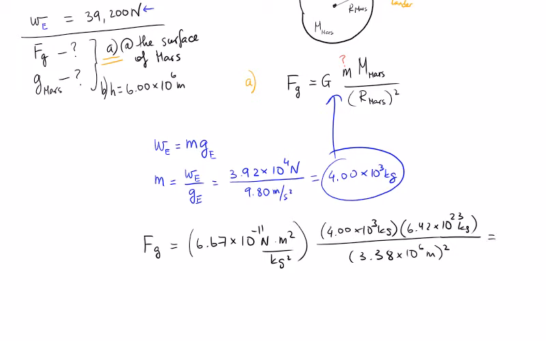If we punch this into our calculator, we'll get the result 1.50 times 10 to the 4 newtons.